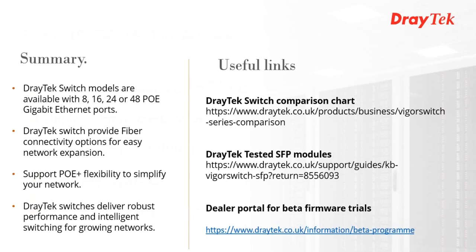So in summary, DrayTek offers a range of switches ranging from 8 to 48 port PoE gigabit switches, and also supports SFP fiber connections to deliver robust performance and intelligent switching for your growing network.